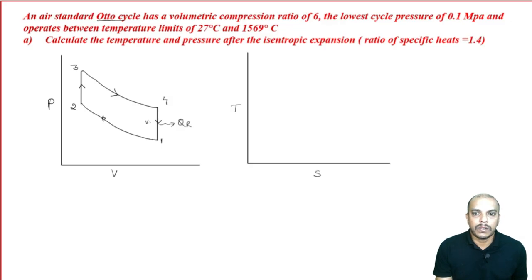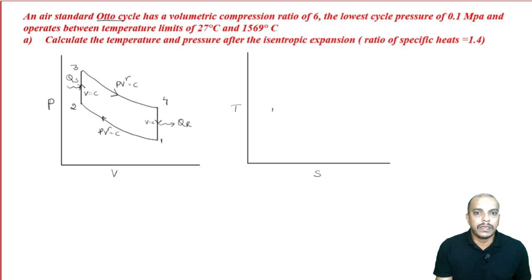So, these are volume constant, this is our reversible adiabatic or isentropic process, this is volume constant heat addition, QS, or heat supplied, and heat rejected.